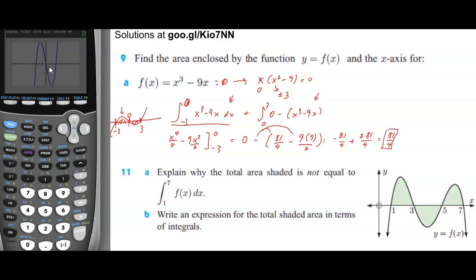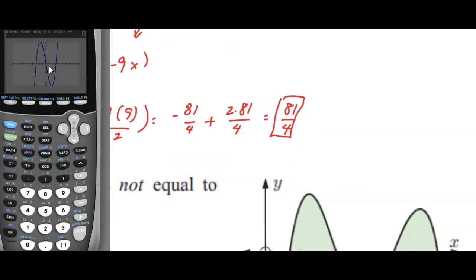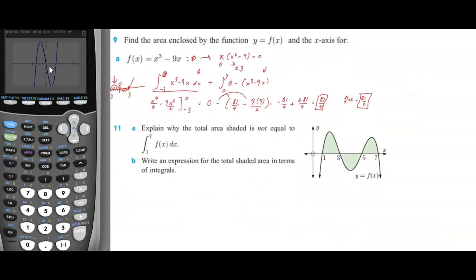So 81 fourths is the area of this left side, and if I want to double it to get the complete thing, I would do 81 fourths times 2, which would equal 81 halves. So for the whole thing, it's 81 halves. Okay, that's my final answer for the entire function.